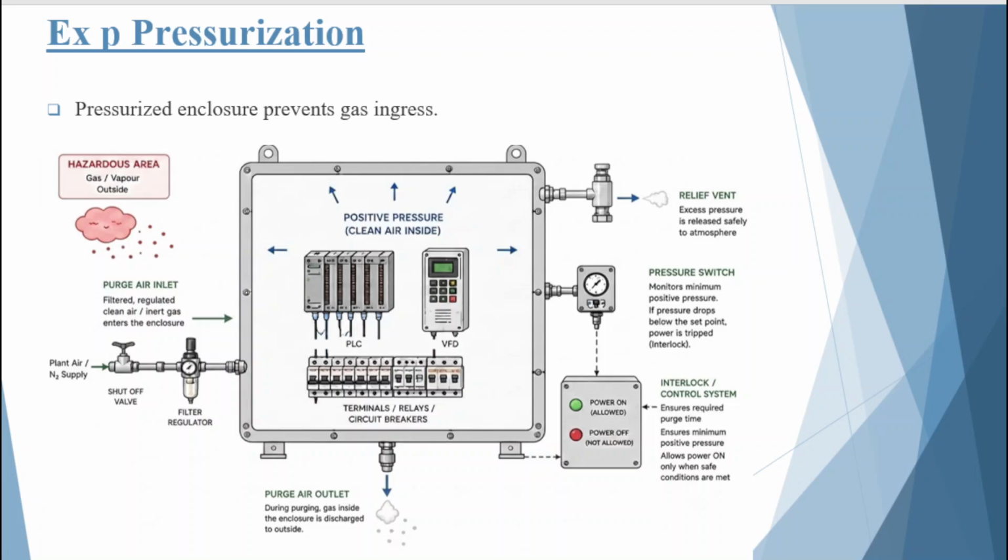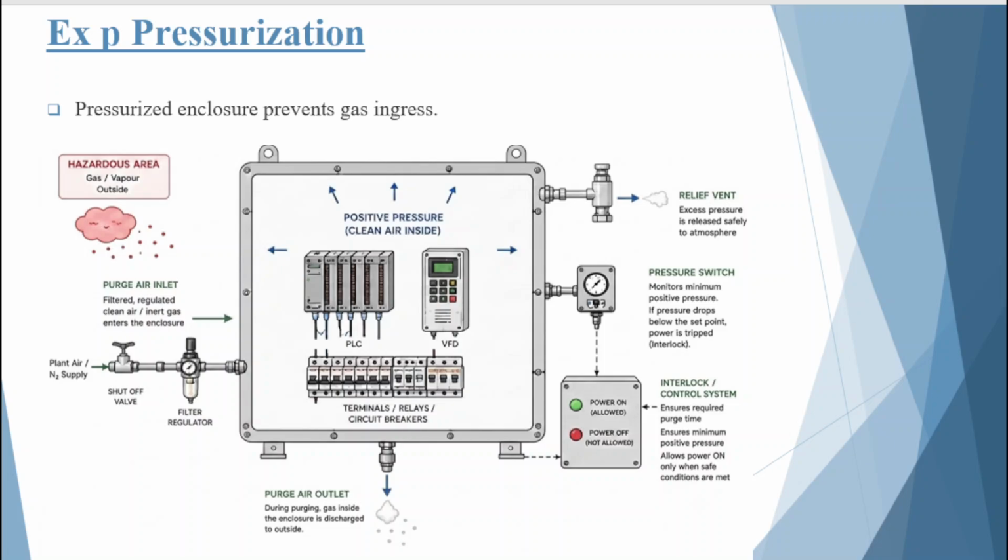The principle is quite simple. The enclosure is continuously supplied with clean air or an inert gas, such as nitrogen. This creates a positive pressure inside the enclosure that is higher than the pressure of the surrounding atmosphere.